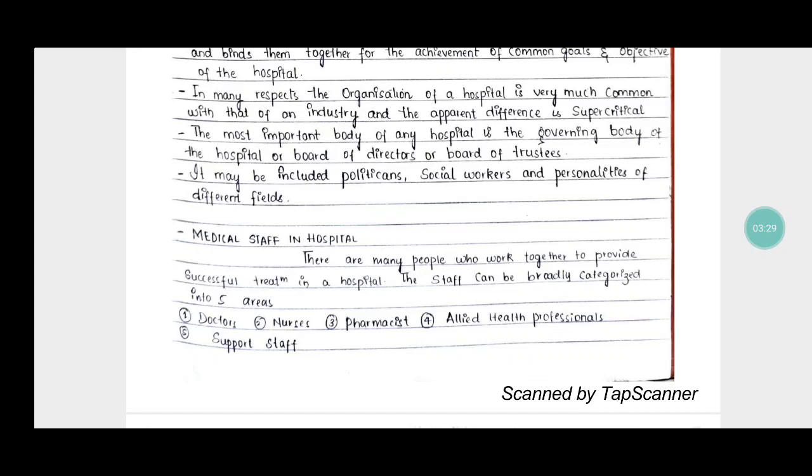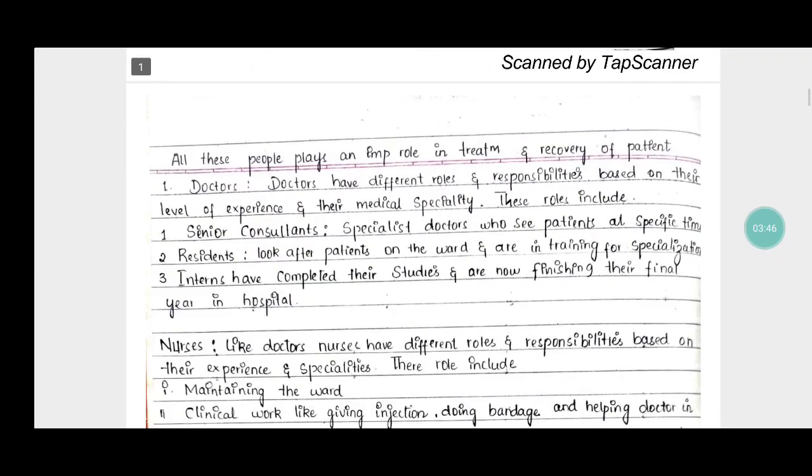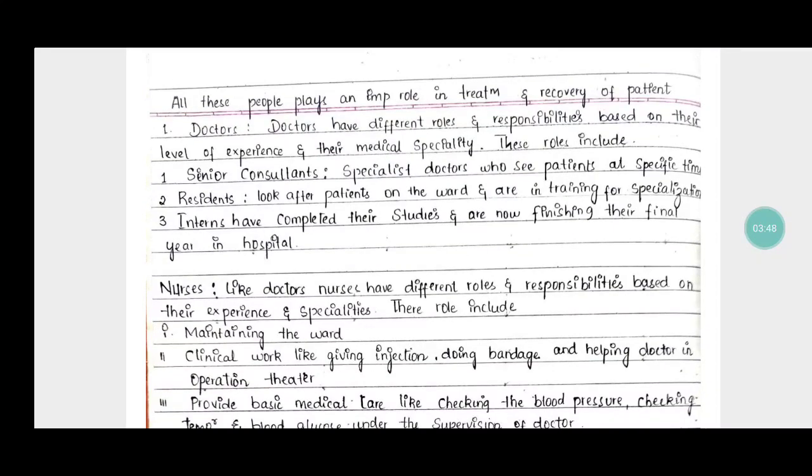What is meant by allied health professional in the sense means physiotherapist, or maybe a pathologist, or maybe some other, etc. And lastly support staff, who are the people who play a major, important role in the treatment and recovery of the patients.